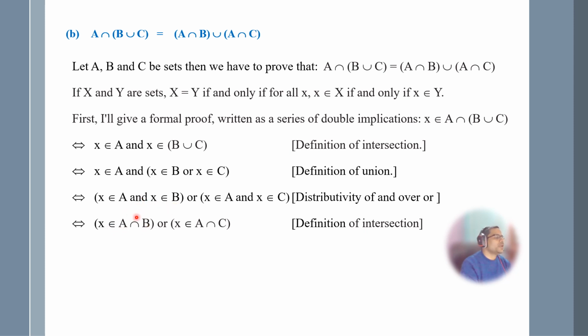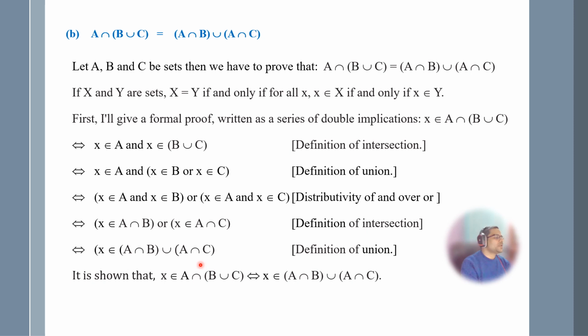We know that 'and' refers to intersection and 'or' refers to union. That's why 'or' remains as it is, and here x belongs to A and x belongs to C means x belongs to A intersection C, by the definition of intersection. Which is equivalent to x belongs to (A intersection B) union (A intersection C), by the definition of union.